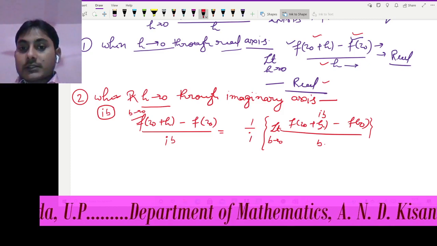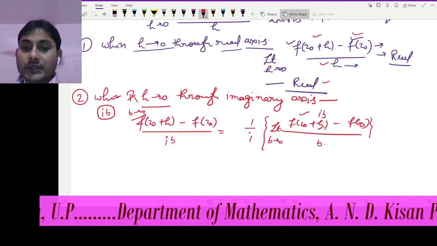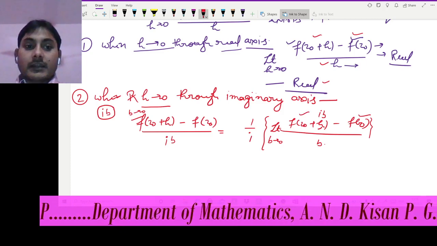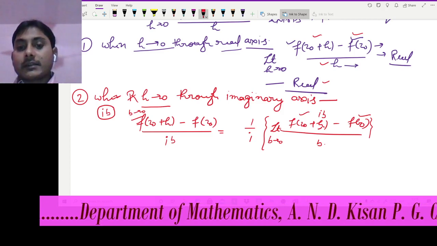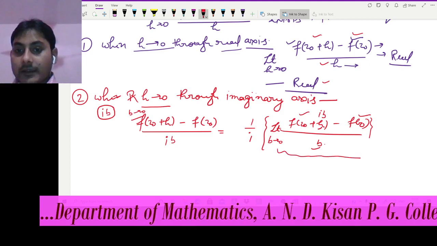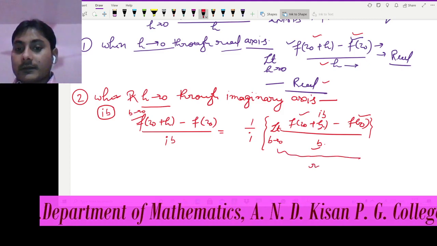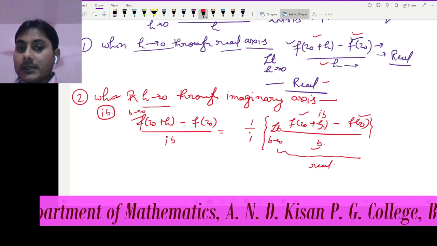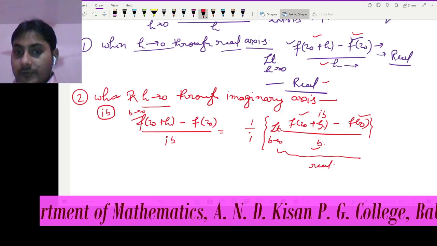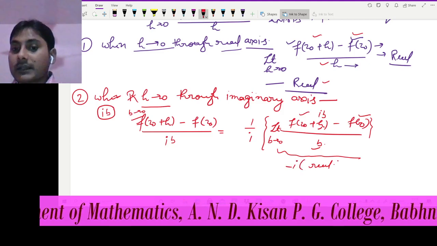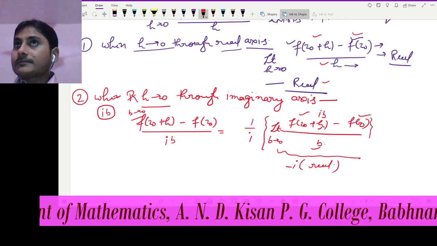Because f is a real valued function, it is real, and because h is written in the ib form and b is real, here also it is real, so whatever output you get will be real. Or if you write it, you will get iota times some other real.